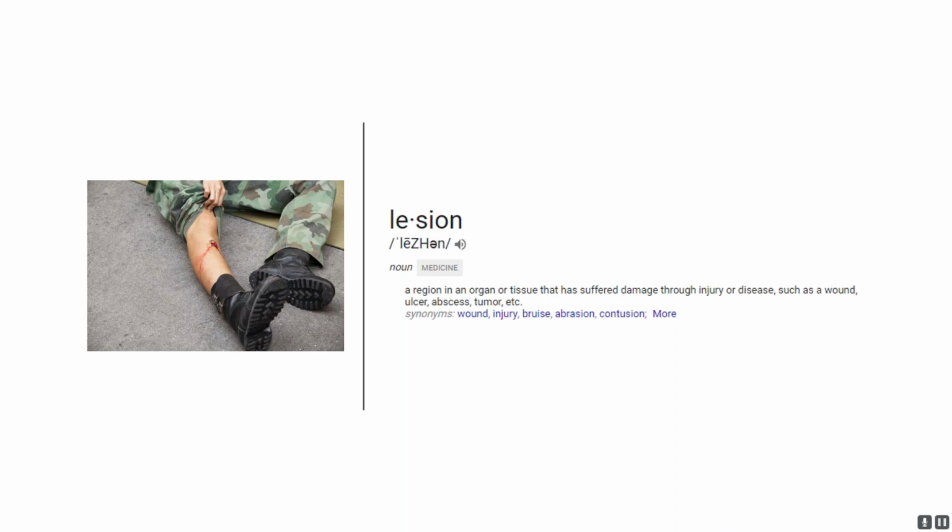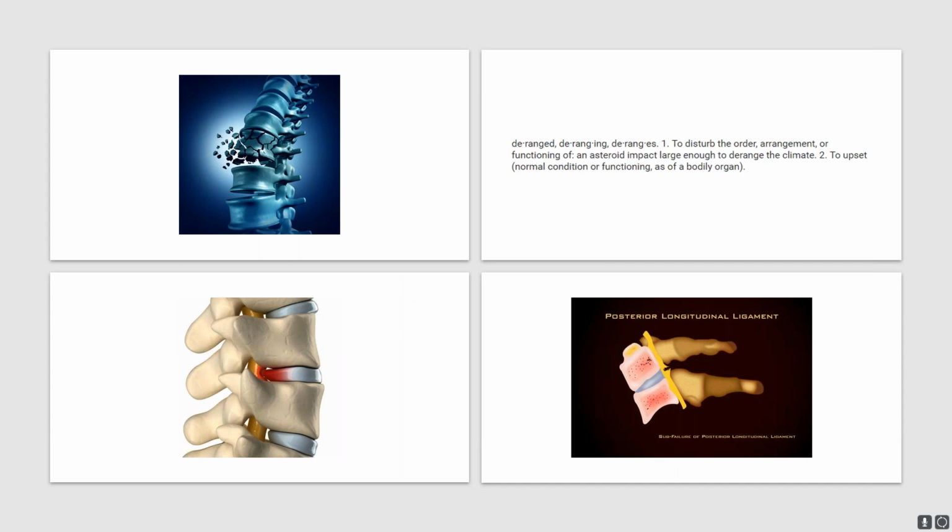Can I still show the remnants of that lesion? Yes. Was it acute 20 years ago? Yes. Is it acute now? No. Same with a ligament injury. Was it acute 20 years ago? Yes. Is there still excessive motion in the joint now? Yes. So again, these injury patterns are called derangements.